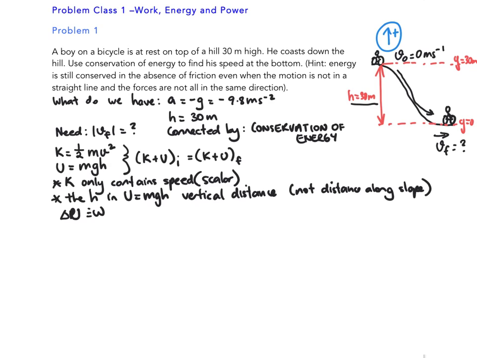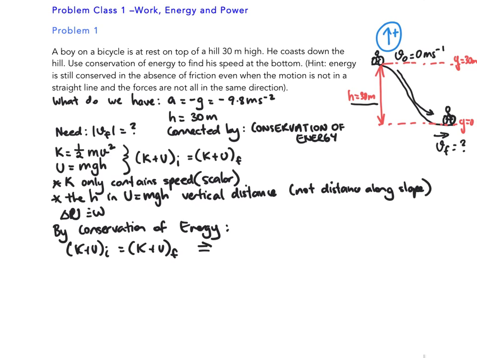So we can use our conservation of energy equation now. By conservation of energy, we can make the statement K plus U initially equals the total mechanical energy afterwards. We have two situations, the top and the bottom.